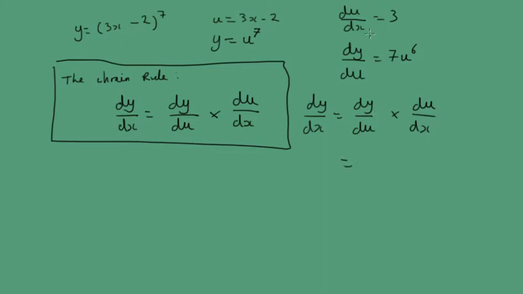So dy by du is 7u to the power 6, and that's going to be multiplied by 3. And now we can substitute back in for u here, and so 7 times 3 is 21. And we'll put our value for u back in, so it's 21 times (3x minus 2) to the power 6.